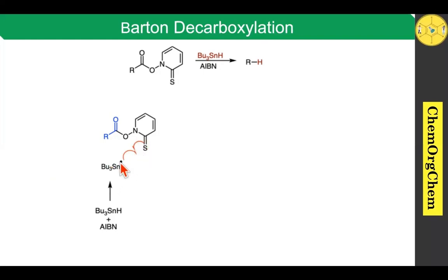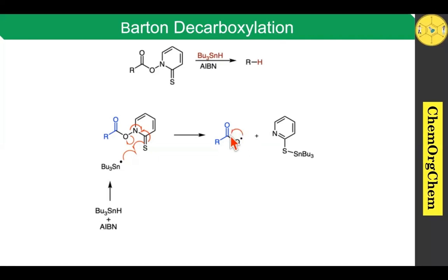That makes a new tin-sulfur bond, and one of the electrons shifts here, followed by homolytic cleavage of the oxygen-nitrogen bond. One electron comes here, which readily produces a new oxygen-centered radical along with a tin-based byproduct.